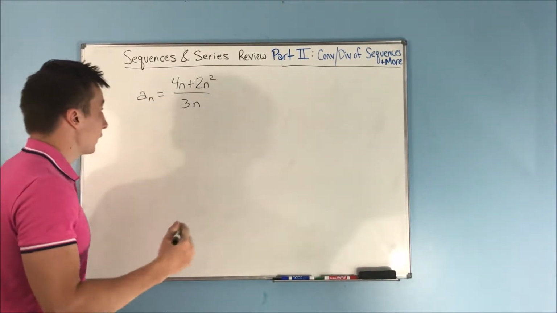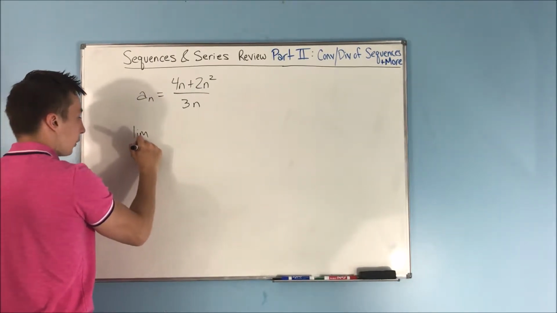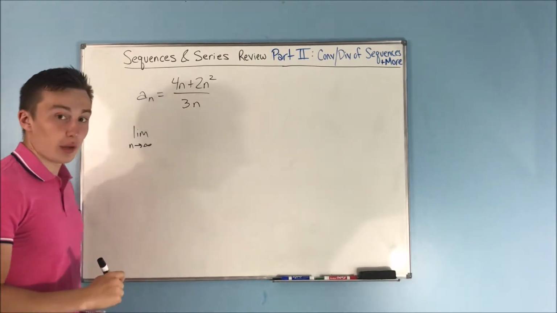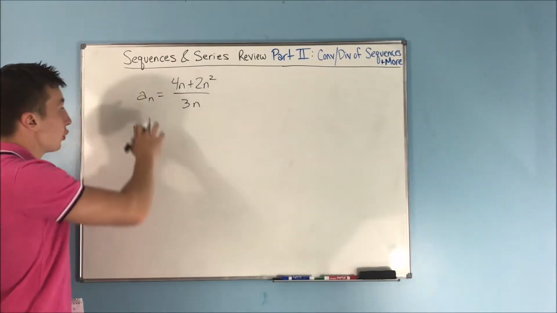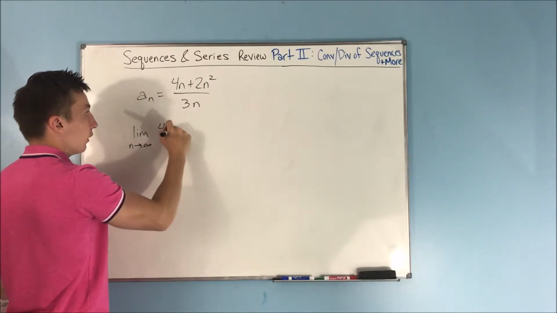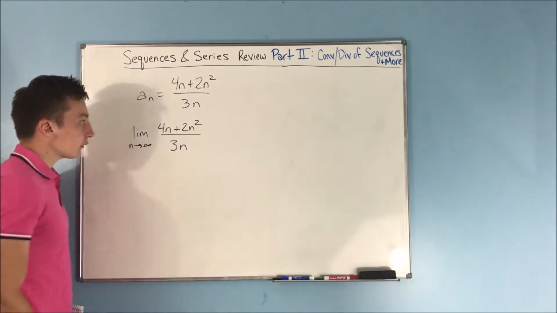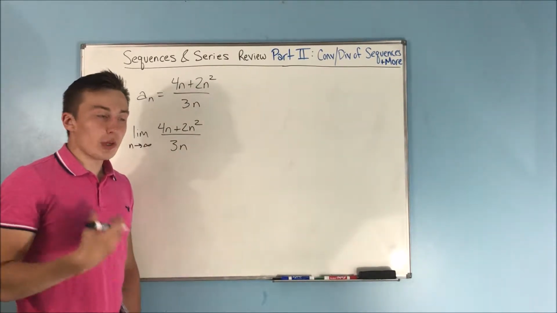Well, like I said, let's just take a limit here. Let's take a limit as our n approaches infinity. Let's see what happens to our a sub n. So we're going to be taking the limit of our a sub n right here, 4n plus 2n squared over 3n. Now we can do one of two things here.